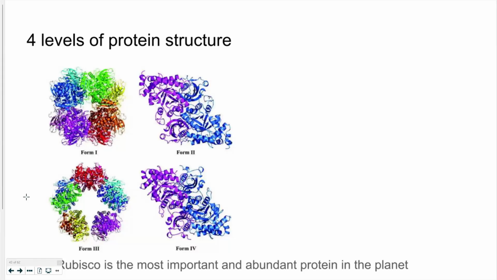But the reason I bring it here is that a whole bunch of different polypeptides are required to get together in order for this protein to do its job. So that'll come back in.